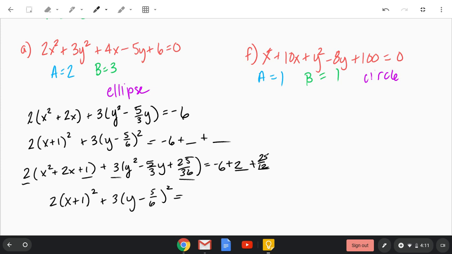And you can probably figure out what happened. 25/12, that's roughly 2, right? This is 2 and 1/12. So negative 6 plus 2 is negative 4. Negative 4 plus 2 and 1/12, that's negative 1 and 11/12. I did my math right there, right?